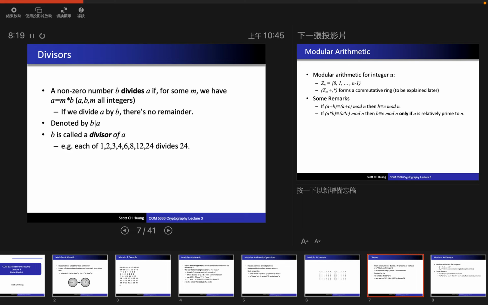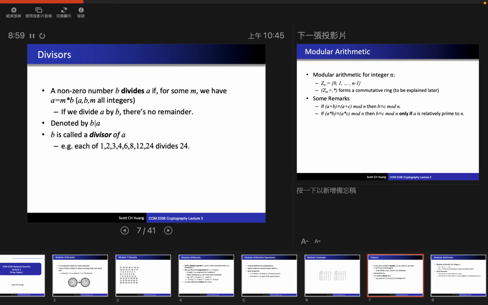These two are synonyms in this sense. So B is a factor of A. Then we denote this by B, vertical bar, A. It reads B divides A. B is called a divisor of A, okay? So that's divisor.